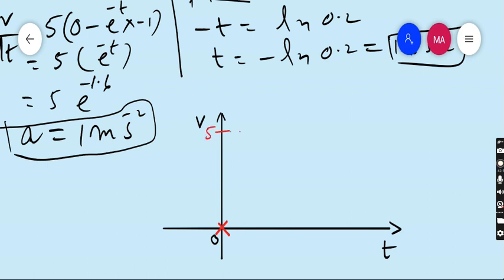So if we draw a dotted line, our graph would get closer and closer to 5, but not equal to 5. Okay, almost 5 but not 100% equal to 5. So this is the answer of part D. Hope you understand question number 3 as well. Very important question and very easy question.